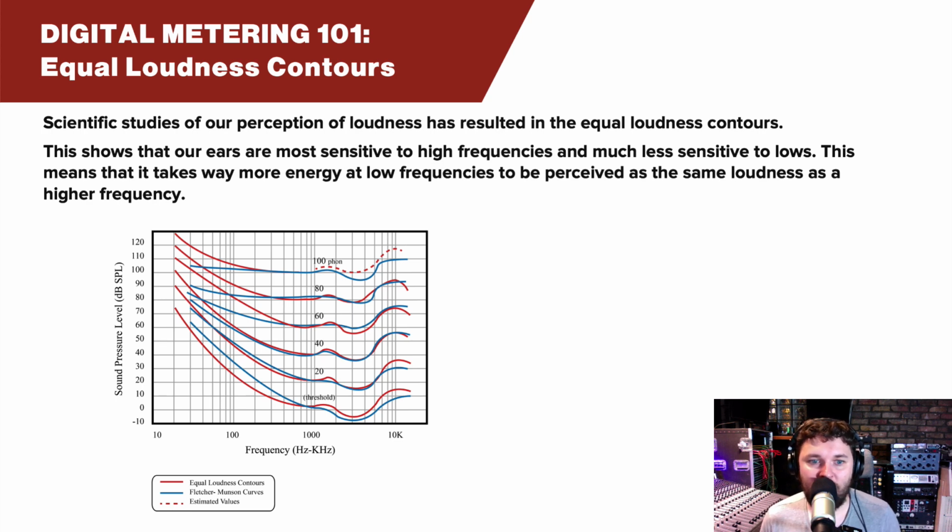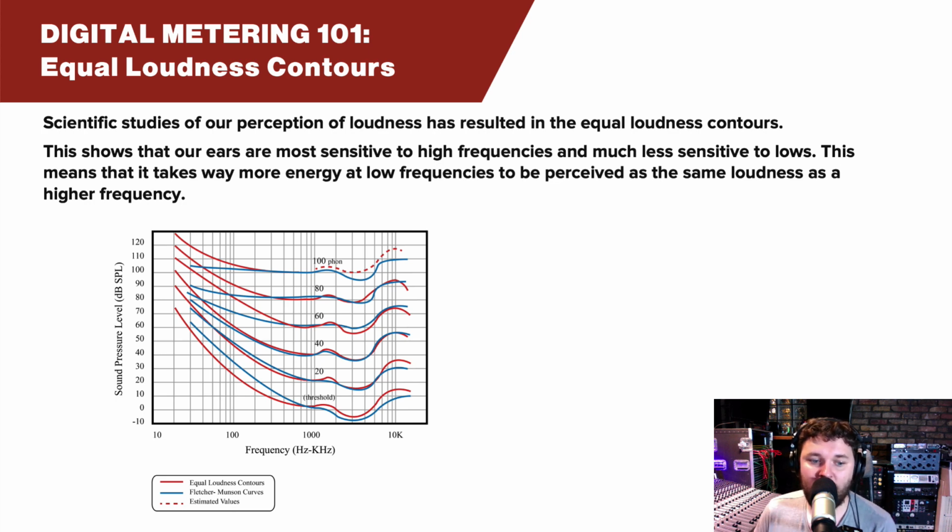And what effectively this diagram shows is that our ears are most sensitive to high frequencies, but much less sensitive to low frequencies. And this means that it takes way more energy at low frequencies to be perceived as the same loudness as a higher frequency does. Okay, and what this is showing on the diagram is the curve of our ears at various different volume levels.